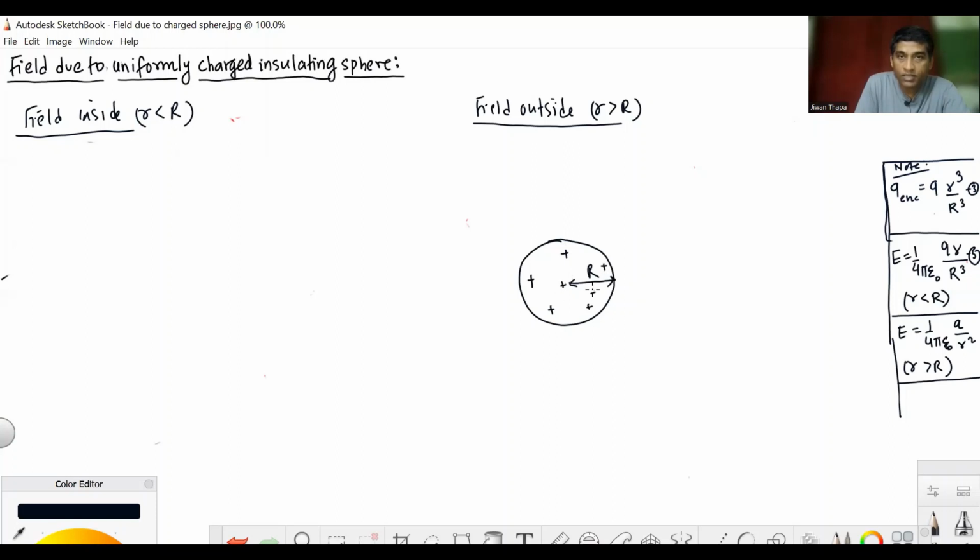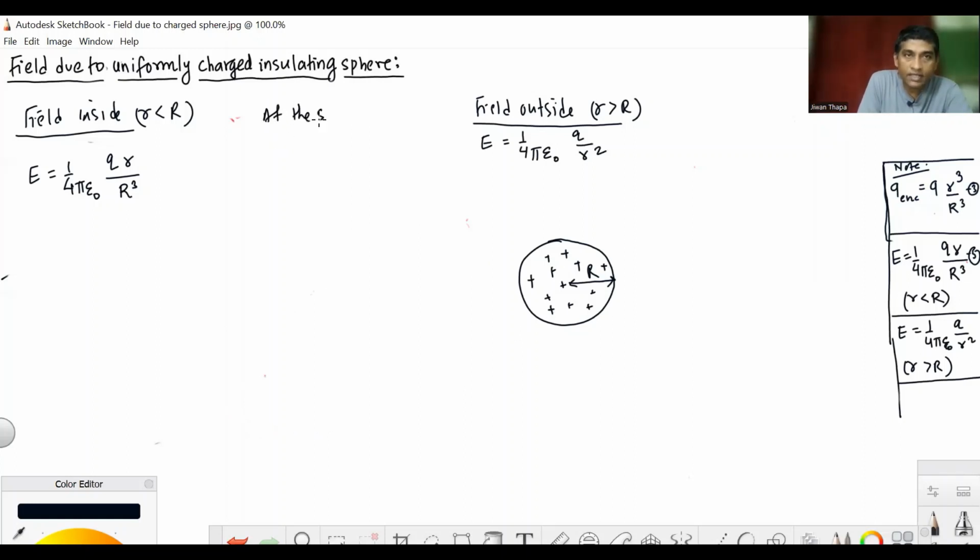Inside, the electric field is 1 by 4 pi epsilon naught Q small r divided by capital R cubed, and outside we have E equals 1 by 4 pi epsilon naught Q divided by small r squared.